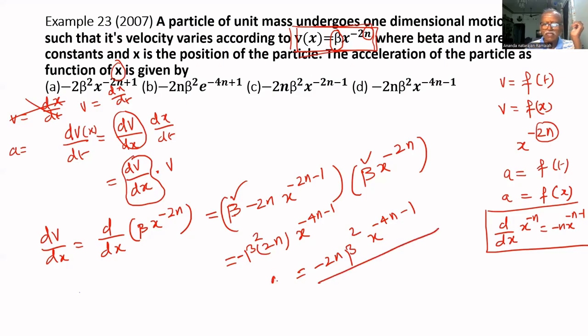That is the acceleration. Therefore, beta square to the power. So D is the answer.